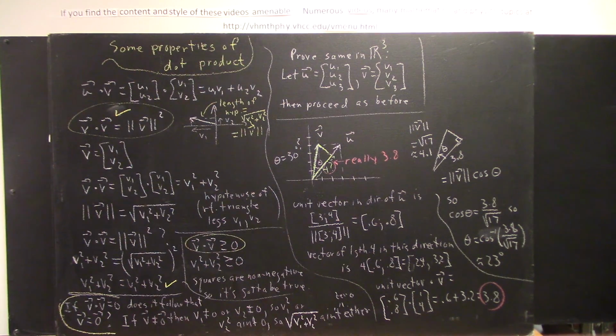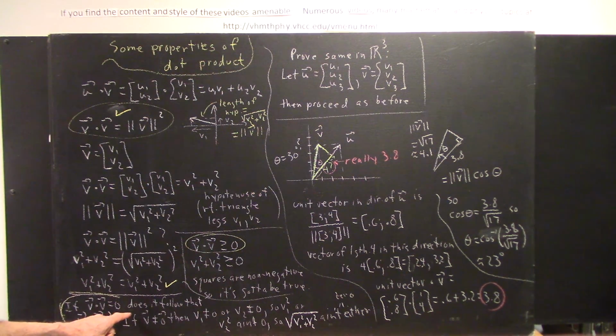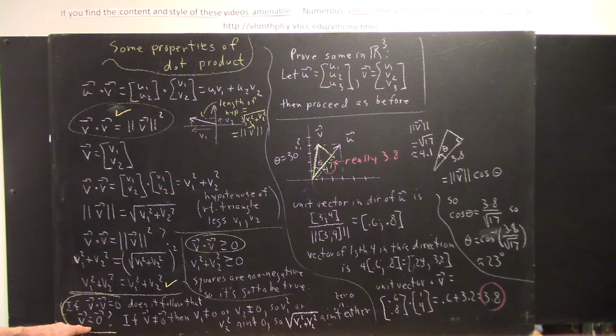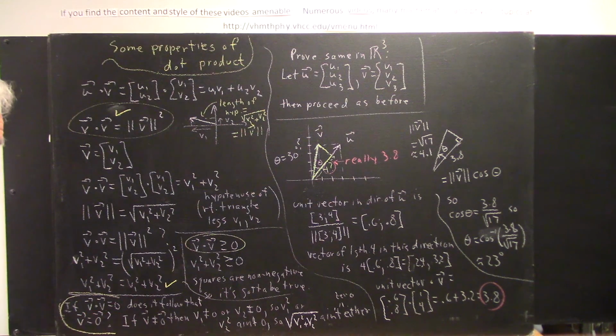Okay. Another property. If v dot v equals 0, it has to follow that v equals 0. In other words, if v is anything but 0, v dot v is not 0. Okay, well, that follows just from our Pythagorean theorem again, actually. If v isn't 0, then either v1 isn't 0 or v2 isn't 0.